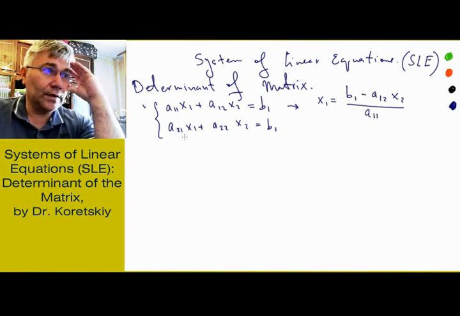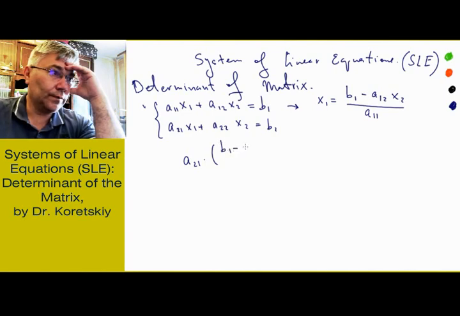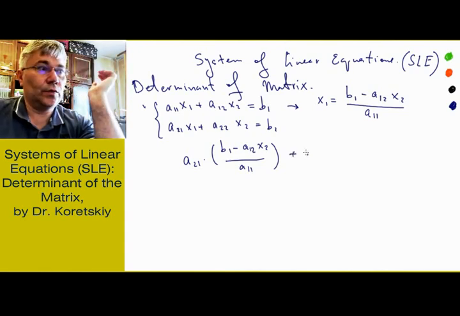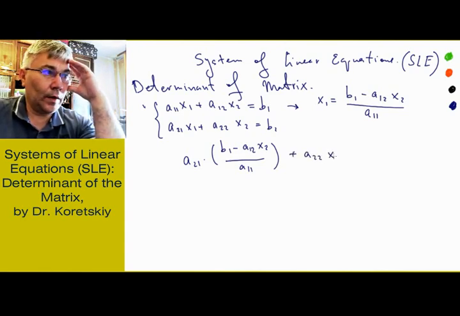Now I can put this x1 into the second equation, and I express this expression for x2. I have a21 times b1 minus a12 x2 over a11, this is the x1, plus a22 x2 equal b2.